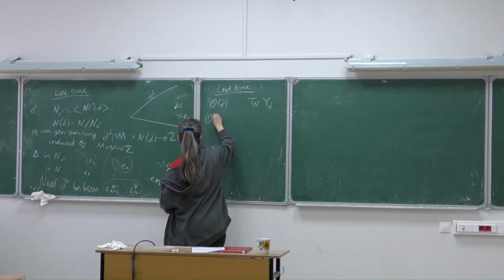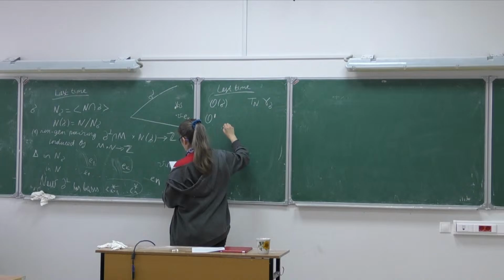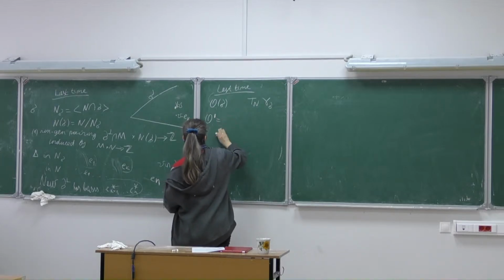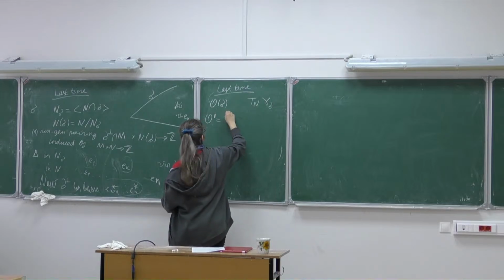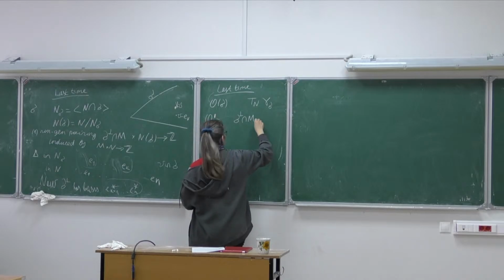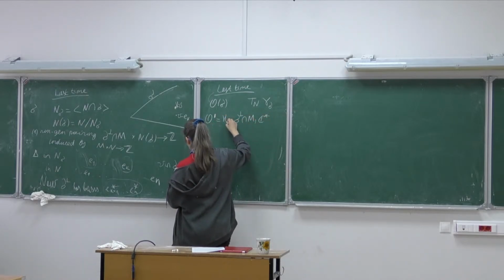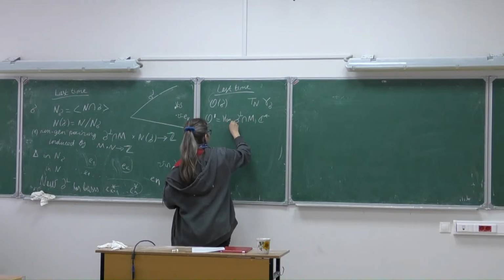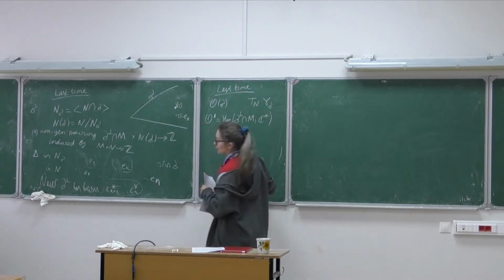We take O prime, which is just the union of all semigroup morphisms from sigma orthogonal intersected with M, to C star, all Z-linear maps.